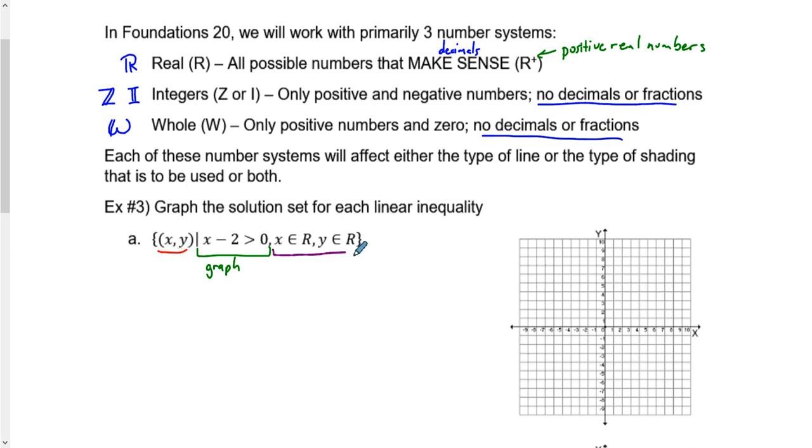These two things just identify the number system. So let's use the actual graph, or what we're going to be graphing, sorry. x subtract 2 is greater than 0. So to get the x by itself, we would add 2 to both sides. x is greater than 2. So how are we going to graph x is greater than 2?